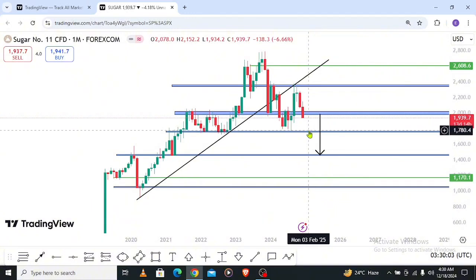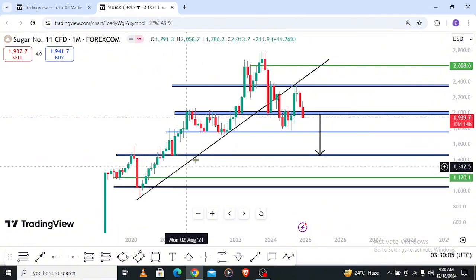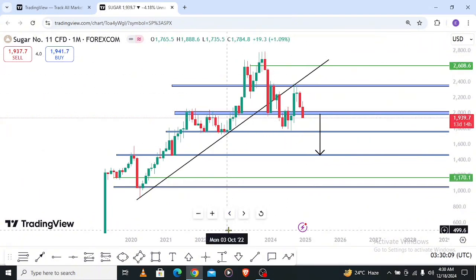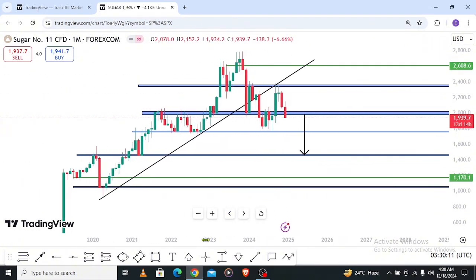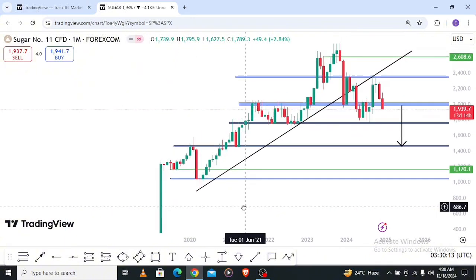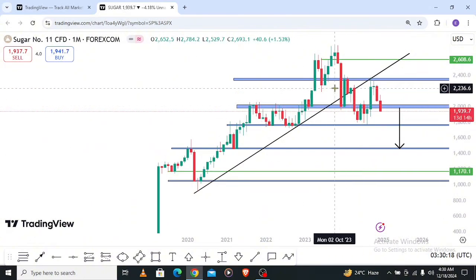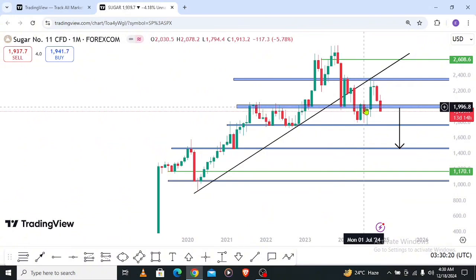Not just because of that, if you look at this trend line, it has been holding the market ever since to the upside, and then suddenly we saw a breakdown below it, which means this upside has now been invalidated. If you want a clear reason on why we were looking for a buy in the first place, you can check the previous video.